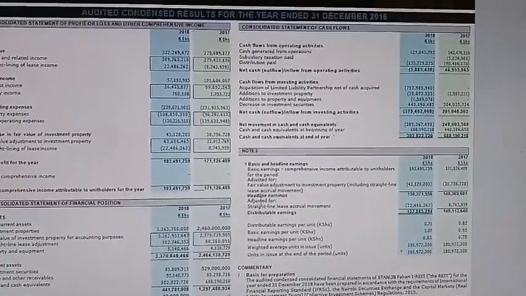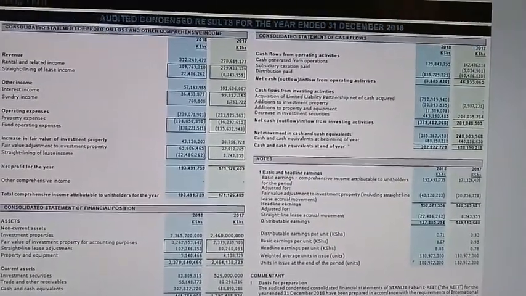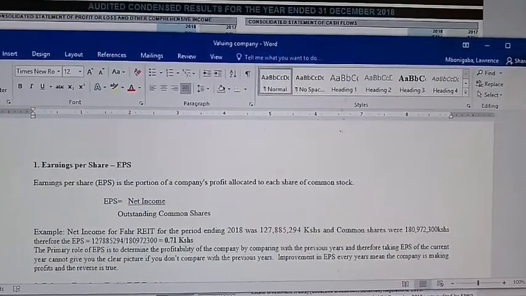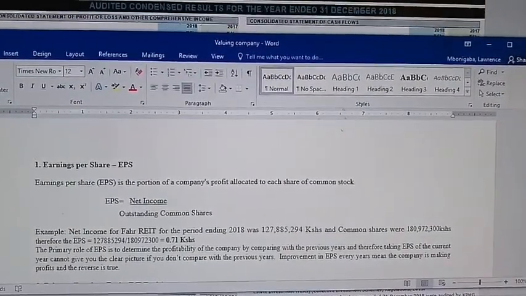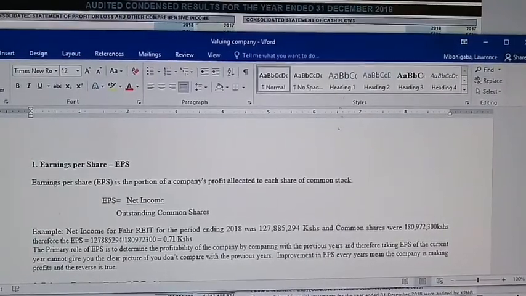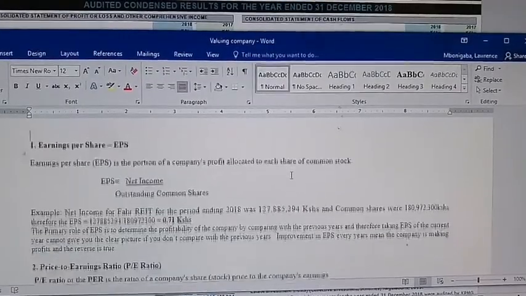The performance sometimes will increase the price to book value. For example, Safaricom Kenya is about 3 times its price compared to book value. So it is overvalued. Why?